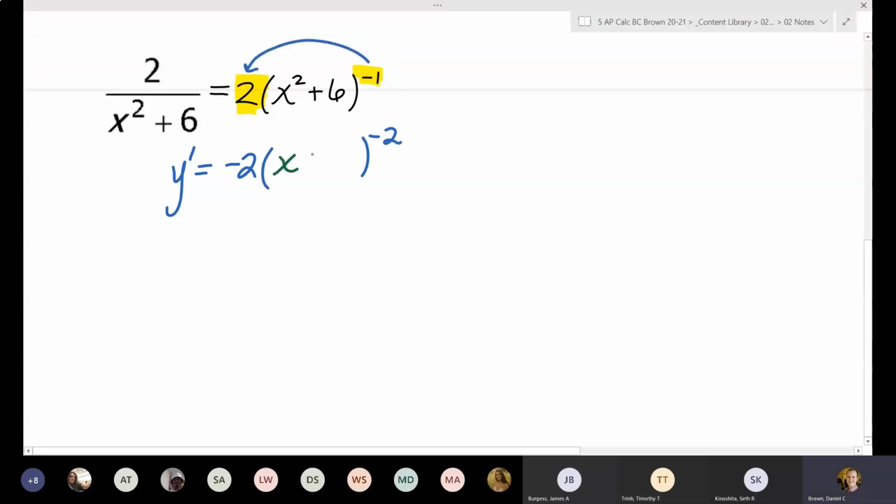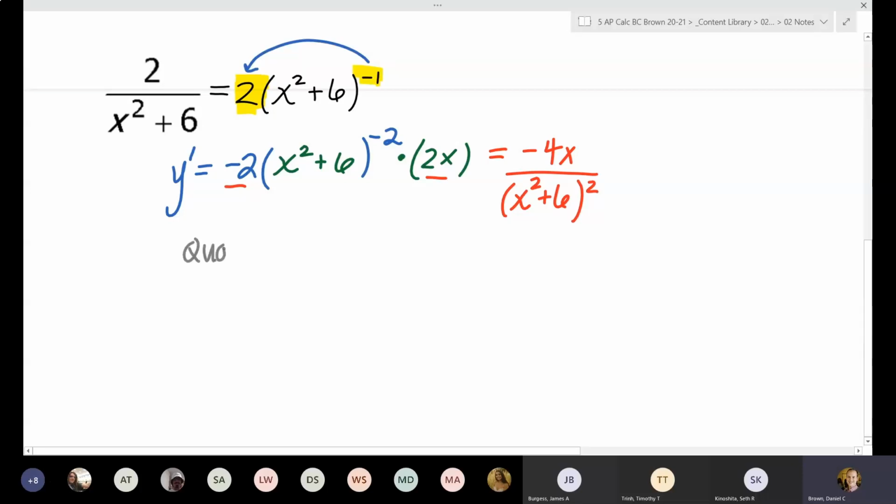Inside stays the same, and then I can multiply it by the derivative of the inside. If I'm simplifying this, I have -2 times 2x, so that gives me -4x all over, and I can send this back down to the denominator with a positive exponent. Again, you could have used the quotient rule to do this problem.